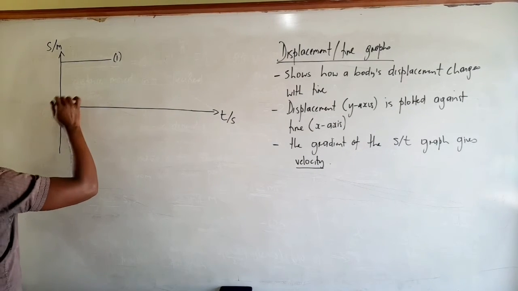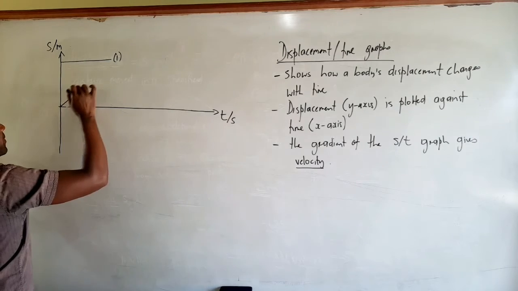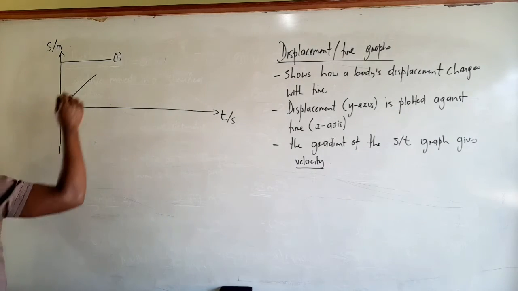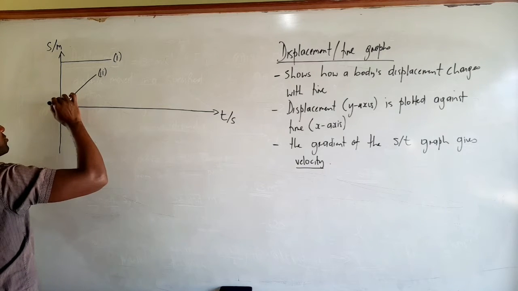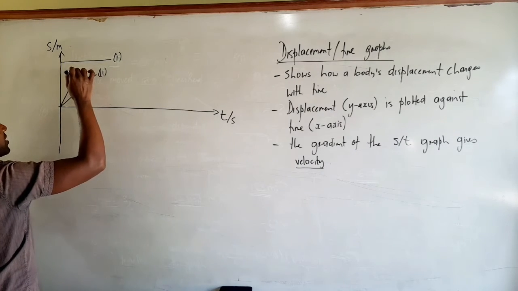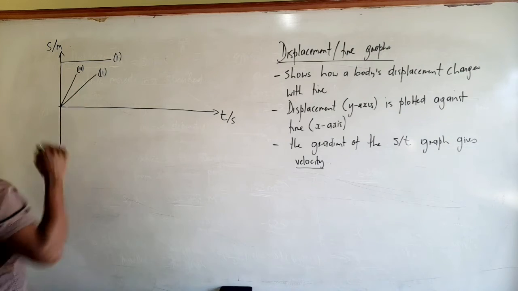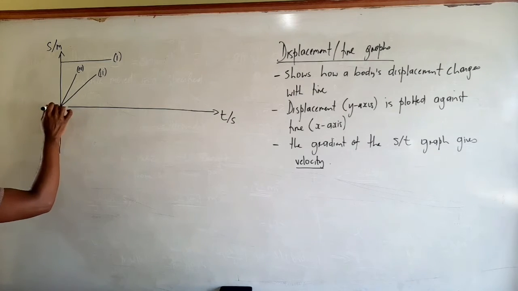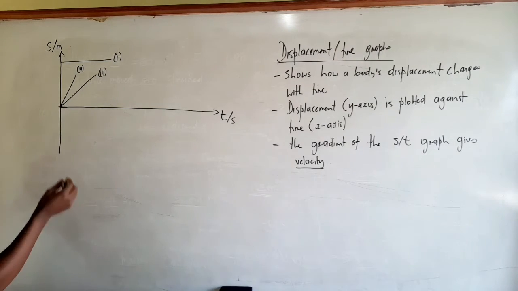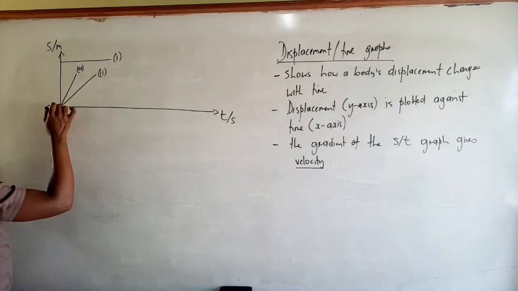Graph 2 is a straight sloping line, and graph 3 is another straight sloping line, but this time of steeper slope or of a steeper gradient, right? Graph 4 will be a curve. So let's start with graph 4.